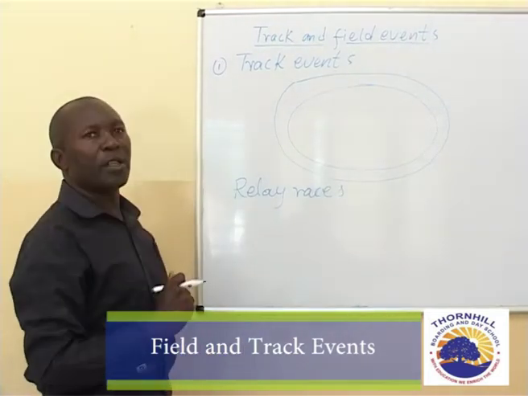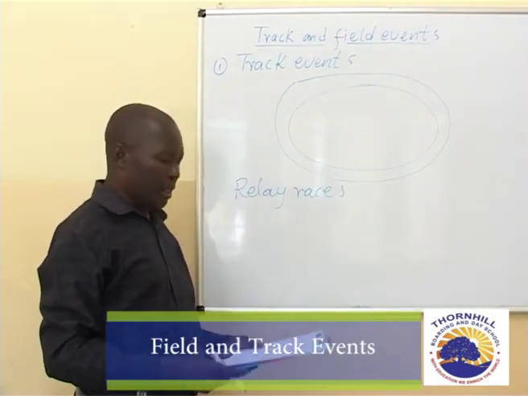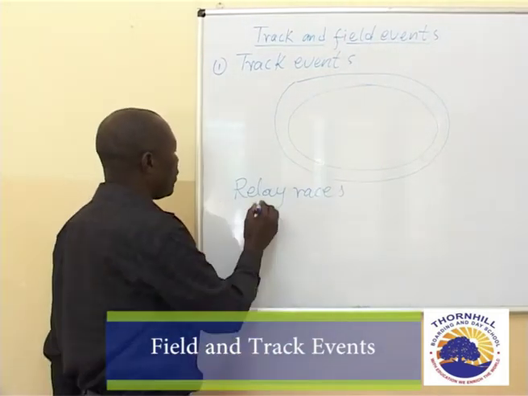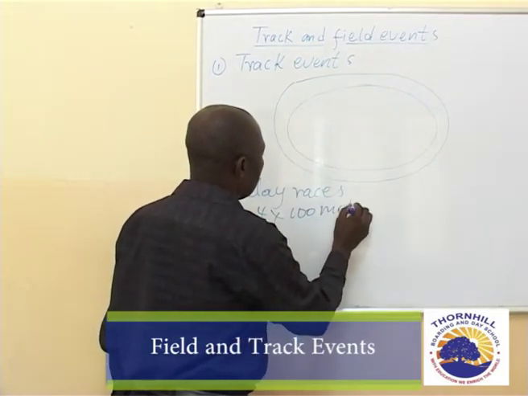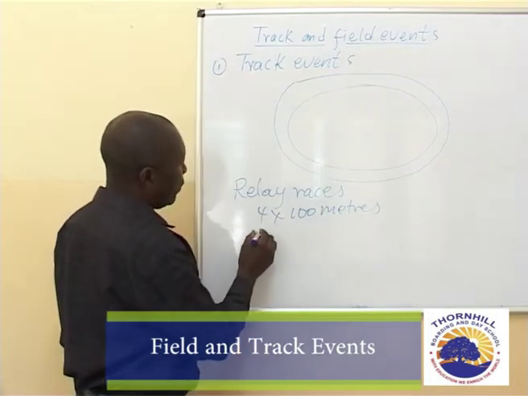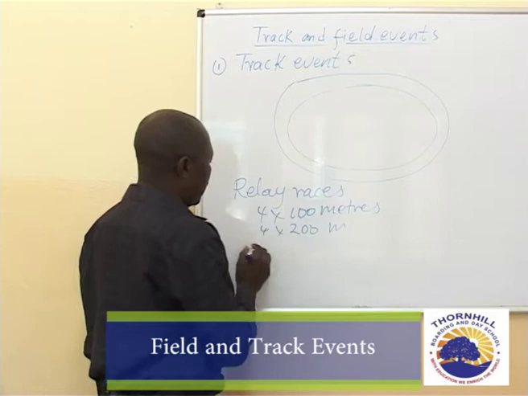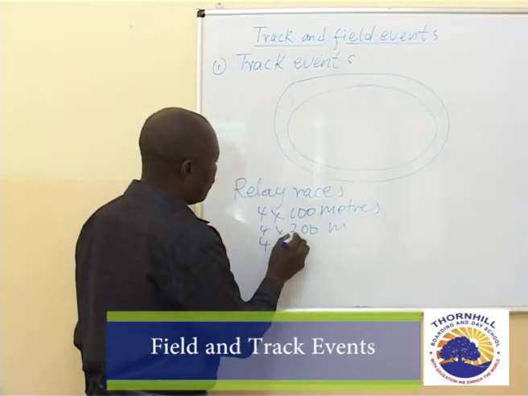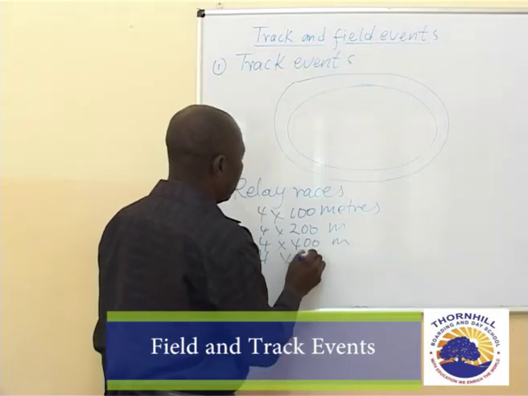We are going to look at the 4 types of relay races that are usually done by school pupils. We have the 4 by 100 meters. Then we have the 4 by 200 meters. Then we have the 4 by 400 meters and the 4 by 800 meters.